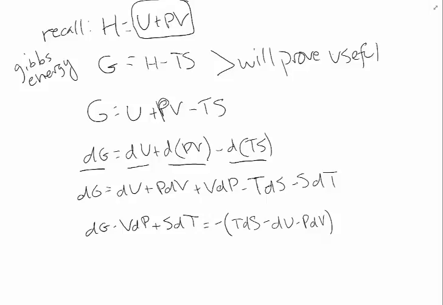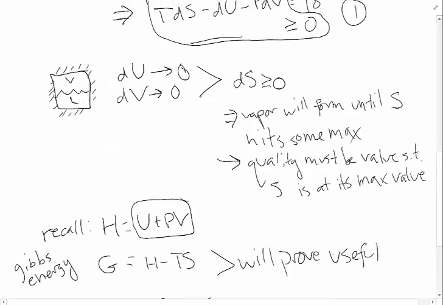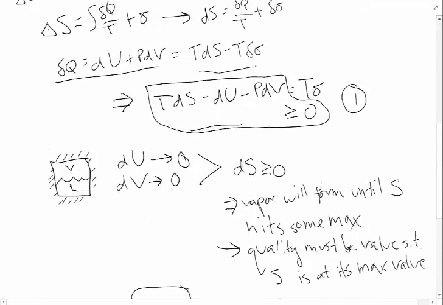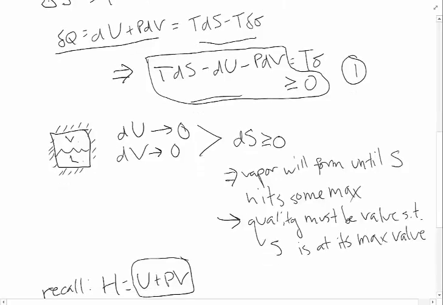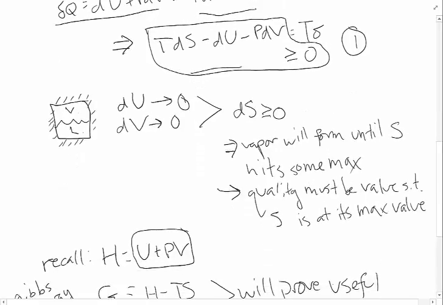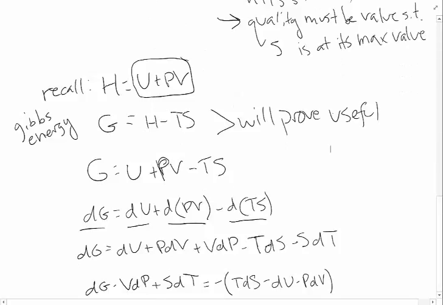Notice here on the right side, I kept the terms TdS, and dU, and PdV. These are the same combination of terms as we had up here, TdS minus dU minus PdV. And we knew that that combination of terms had to be greater than or equal to 0. TdS minus dU minus PdV. That's what we have right here, TdS minus dU minus PdV.